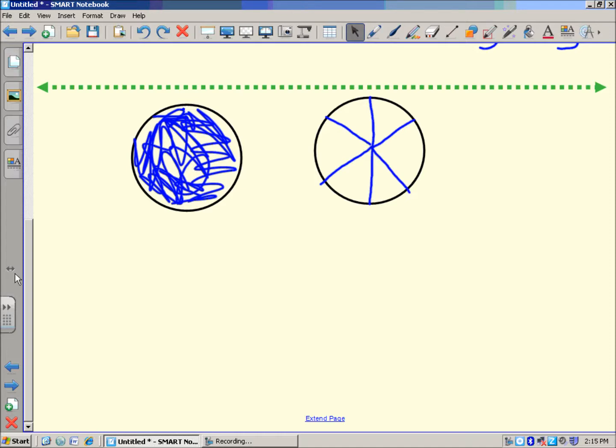And we got 5/6 out of this one. I really should use black for that, so I'm going to change my shading. So we got 1, 2, 3, 4, 5 out of 6. So that's my fraction 5/6.